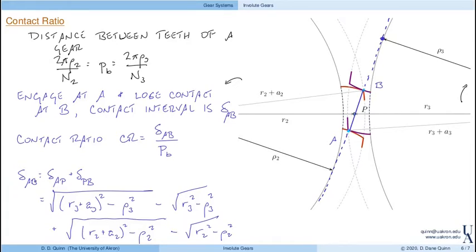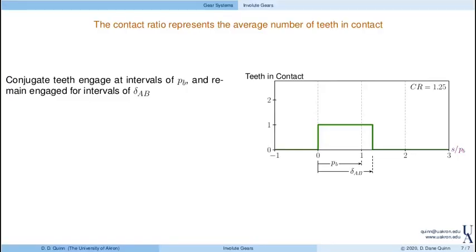So we have the contact interval, we have the distance between teeth, and we just take the ratio to find CR, the contact ratio. Why is that important? The contact ratio represents the average number of teeth in contact. Clearly, we want the average number of teeth to be greater than 1 for continuous engagement.